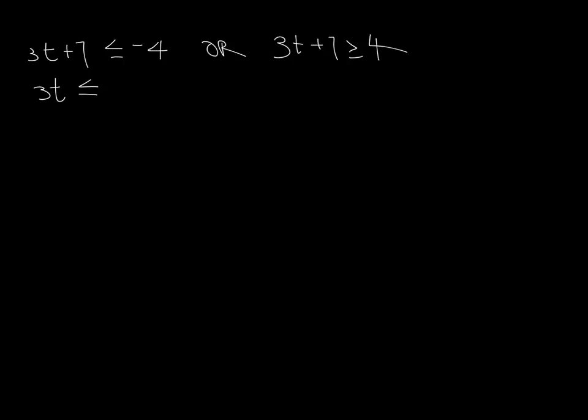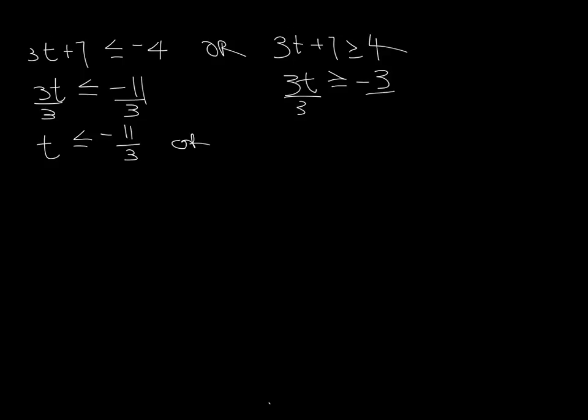Subtract 7 from both sides. Now remember, you can subtract 7 from both sides without changing the sign. It's only when you divide by a negative that you change the sign. Okay, so I get that. Or subtract 7 from both sides. Divide by 3. Okay, so I get those two options there.